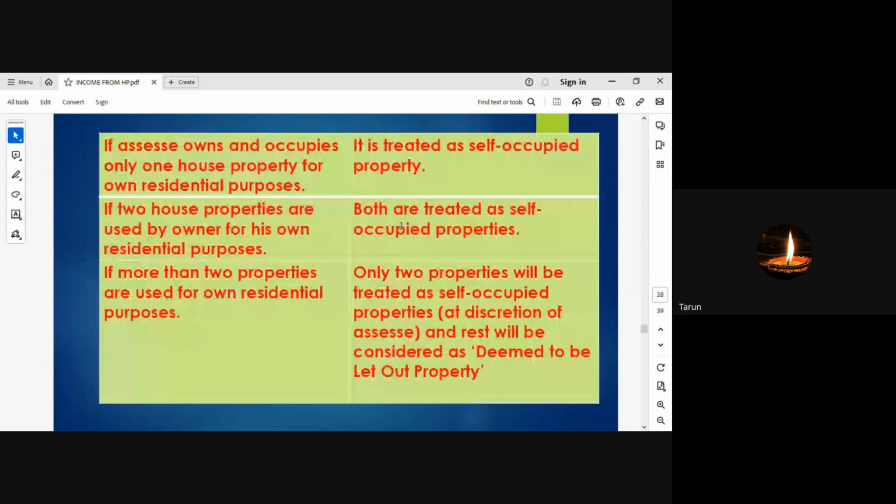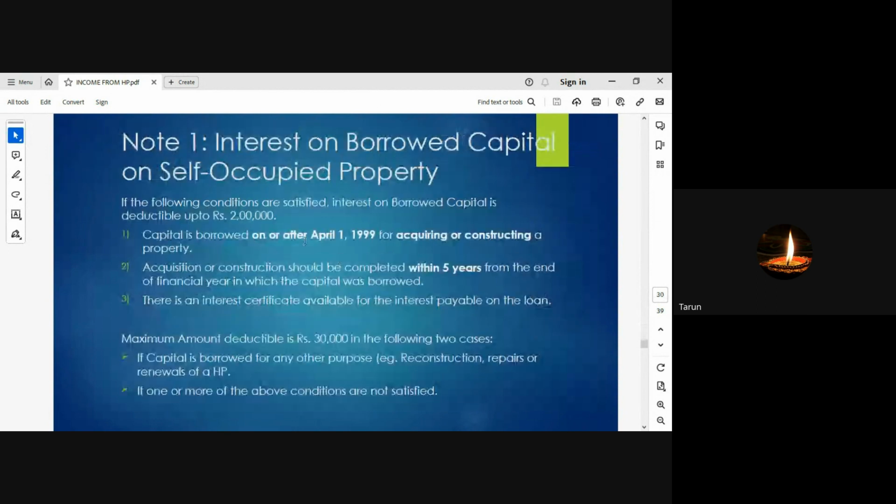So, note one, this is an explanation for self-occupied property. If the following conditions are satisfied, interest on borrowed capital is deductible up to 2 lakhs. In India we say 2 lakhs, but in foreign countries we say 2 million. The capital must be borrowed on or after 1999 for acquiring or constructing the property.